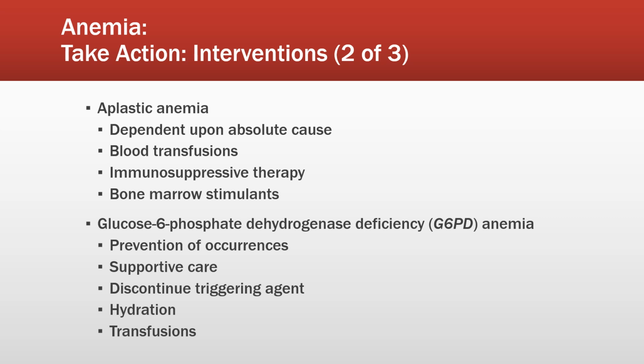There are several medications, ATG and cyclosporine, which are some of the immunosuppressive medications. Immunosuppressive therapy prevents the immune system from attacking the bone marrow, allowing the stem cells in the bone marrow to grow and to increase blood count.